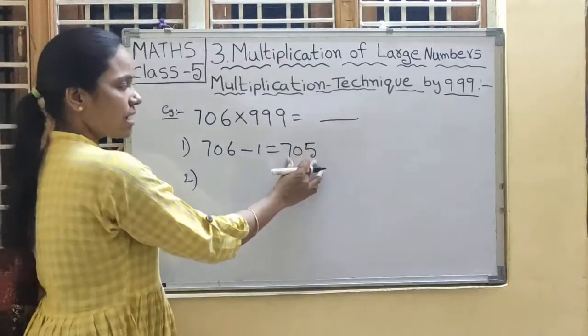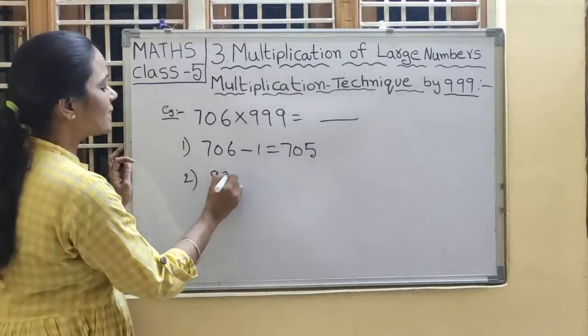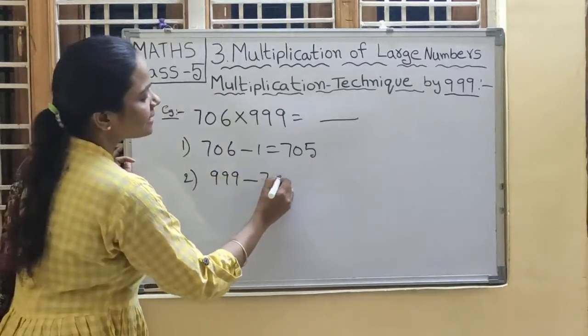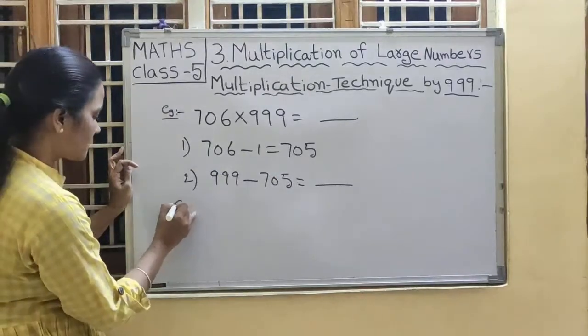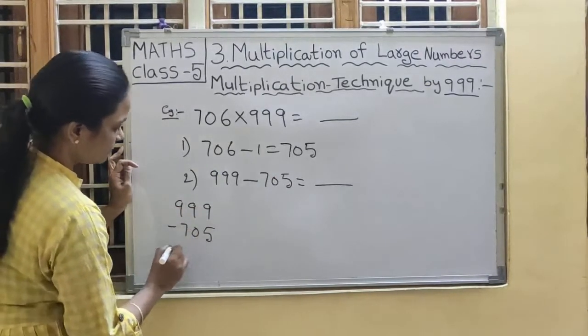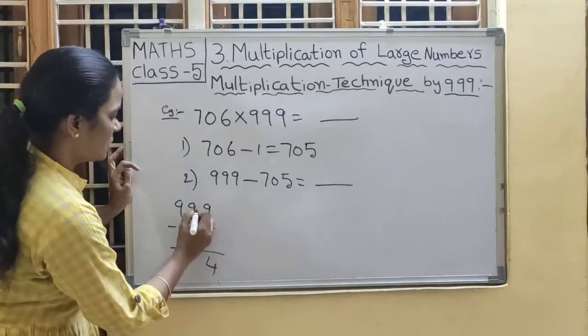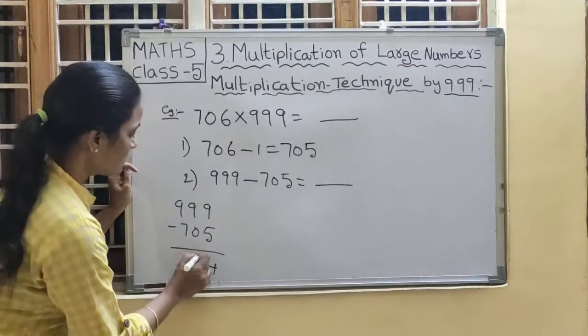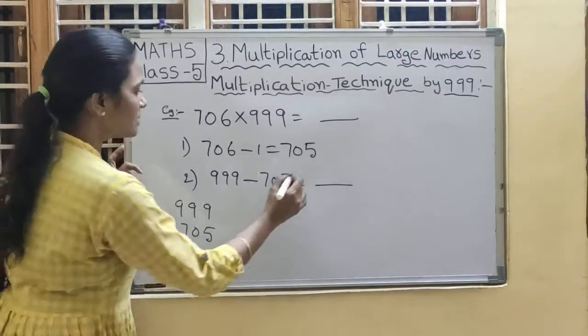Yes, this answer should be subtracted from 999. So 999 minus 705. 9 minus 5, how much, children? 4. 9 minus 0 is 9. 9 minus 7 is 2. So what is the answer?